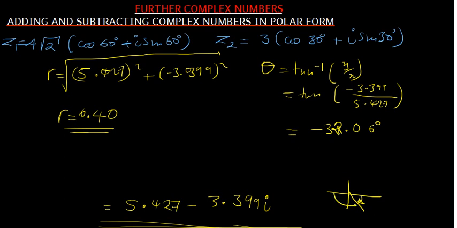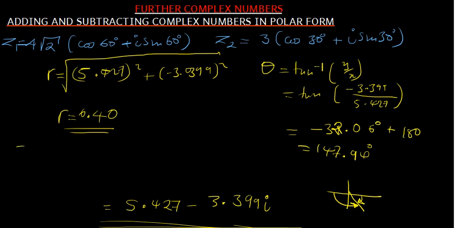It will still be a positive value instead of going all the way. So we have removed 180 degrees, which is this portion. To convert this angle to positive, we're going to add 180 degrees. So that is going to give us 147.94 degrees as the angle theta.